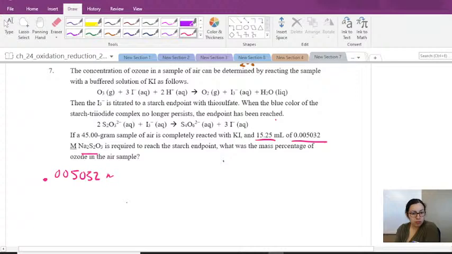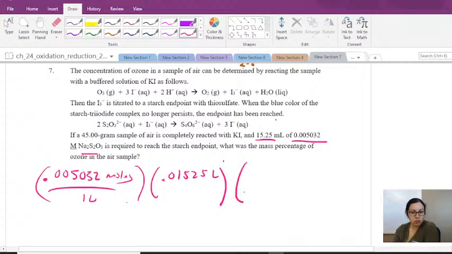It has a 2-to-1 ratio with the ozone. And then after that, we're going to take the moles of ozone and convert it to grams, and then divide the amount of grams we have by the total grams of air, and then we'll have our mass percentage.